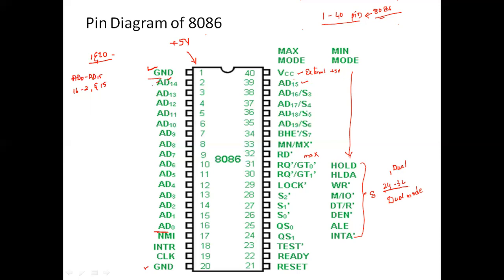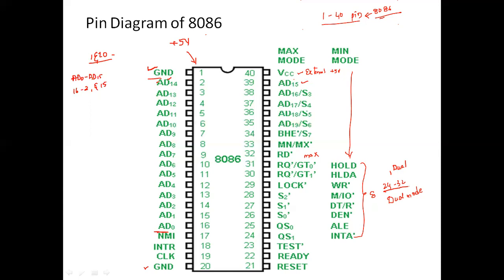Why? Because only at one time can the address or the data be transferred. Both address and data can't be provided at the same time. So instead of making separate lines for address and separate pins for data, we have a multiplexed combination of address and data. Pins 16 to 2 are AD0 to AD14 and pin 15 is AD15. The pin number 39 is also used. These are the multiplexed address and data bus.